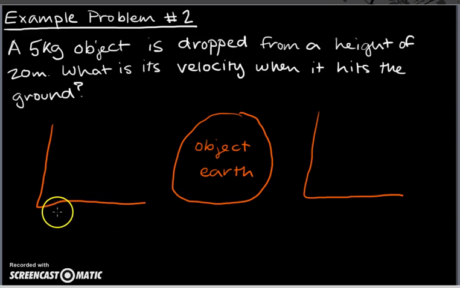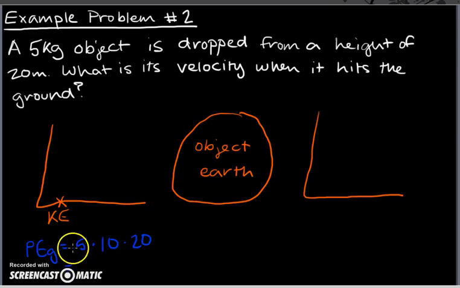So in the beginning, our kinetic energy is non-existent because we haven't dropped it yet, and our potential energy of gravity is equal to m, which is 5, times g, which again we're going to say is 10, times h, which is 20.